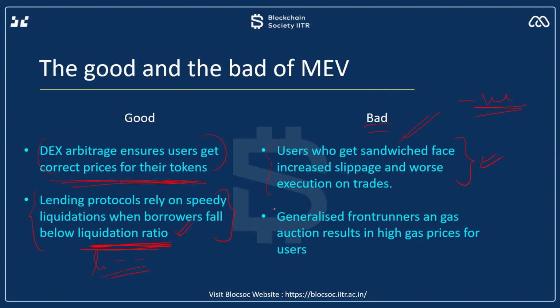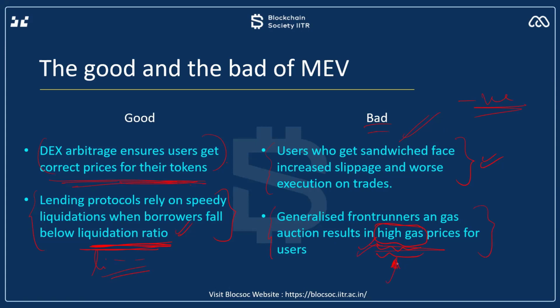And generally these scenarios increase the gas price to execute transactions, because there is always a risk of getting front run by an MEV bot.